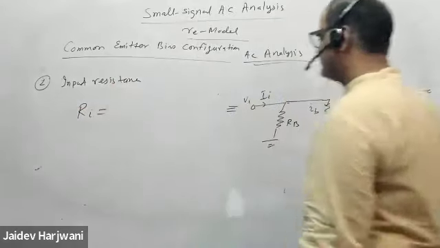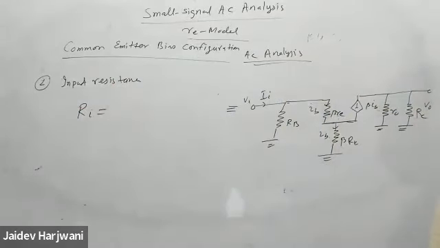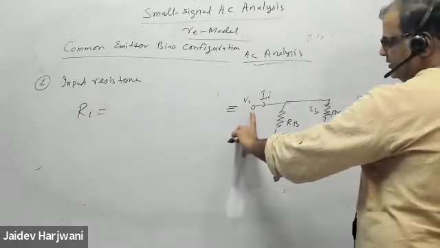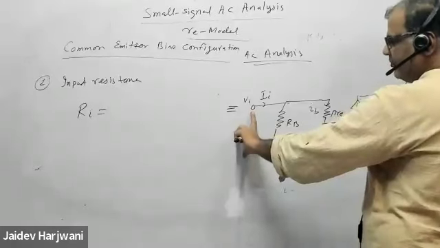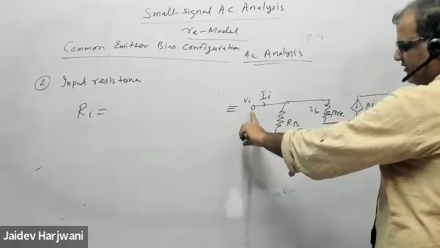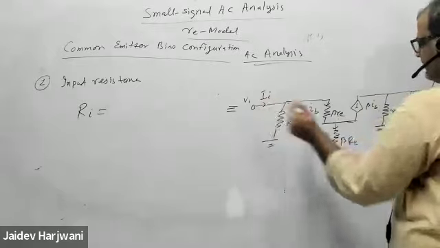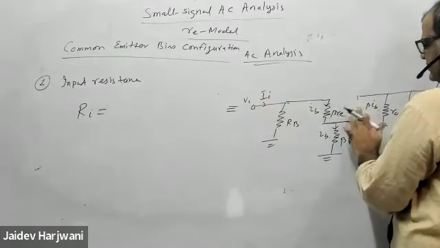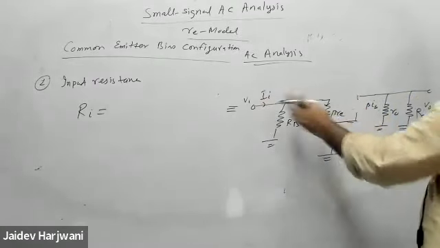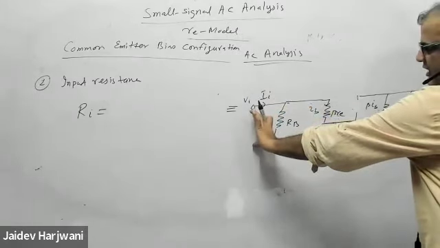So when I'm calculating input resistance here, at the terminal, all sources should be open, like for R Thevenin. So when I'm calculating this one, this current is not there. I'm only finding this R input.